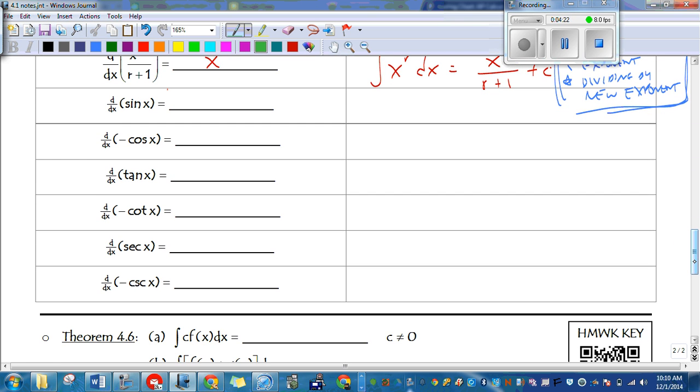But the rest of these are all the trig derivatives. So derivative of sine is cosine, which means the antiderivative of cosine is going to be equal to sine of x plus c. All right, the derivative of negative cosine would be positive sine of x.